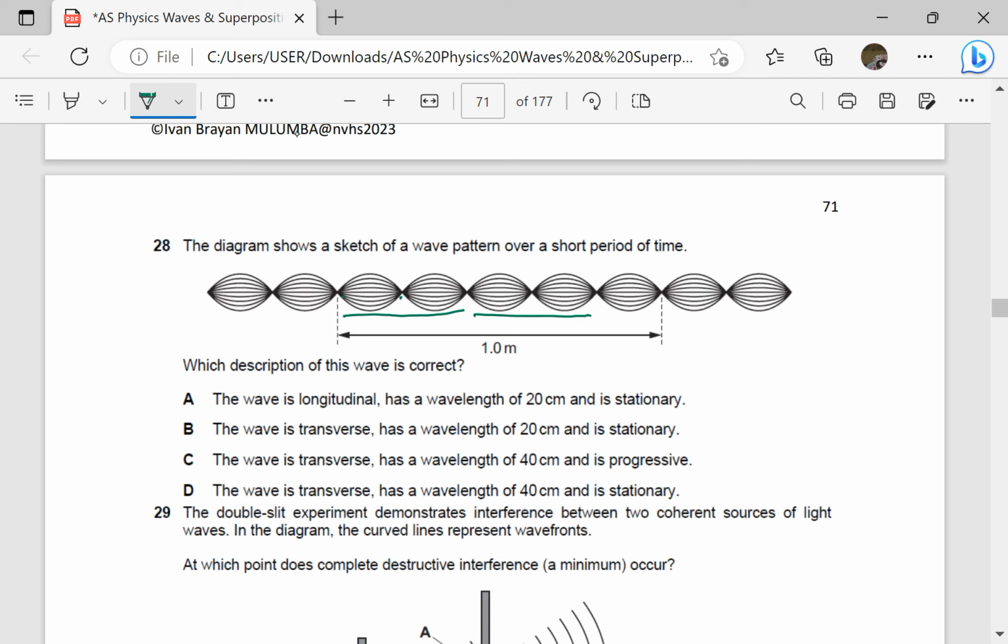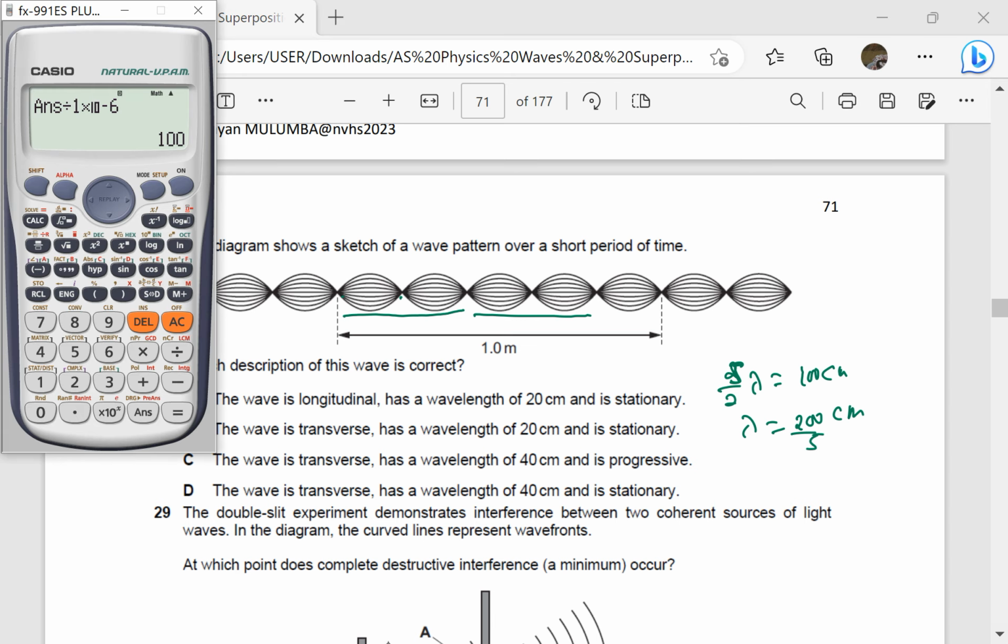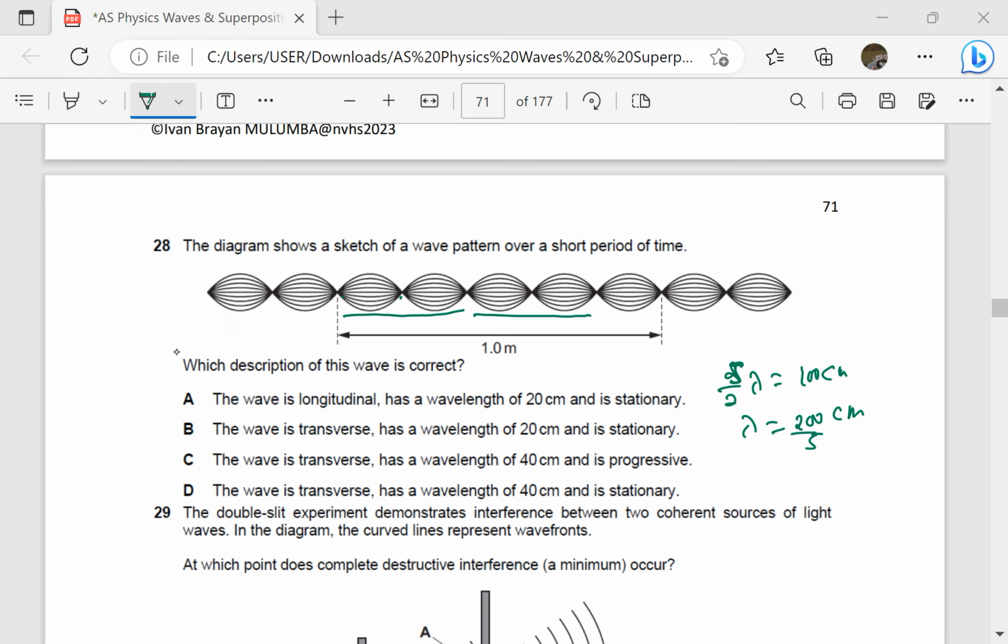So 2.5, which is 5/2 wavelengths, is equal to 100 centimeters. So wavelength is going to be 200 centimeters divided by 5, which is 40. So the wavelength must be 40. So it means A and B are wrong.